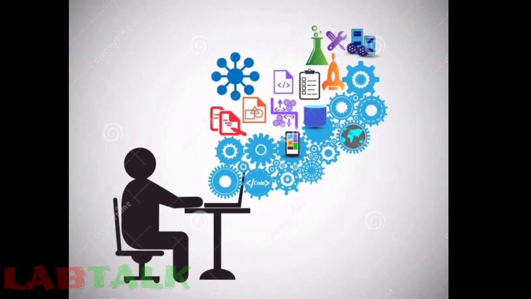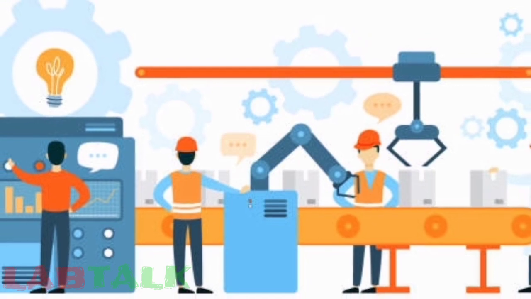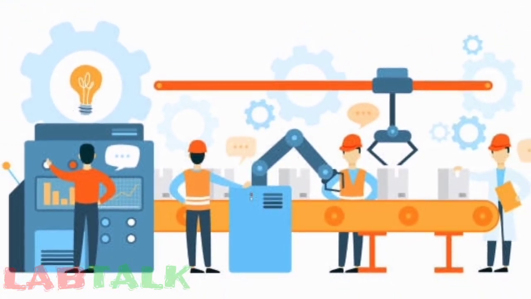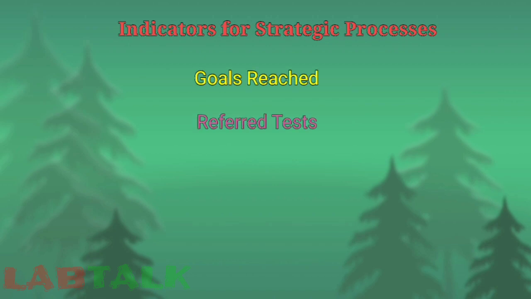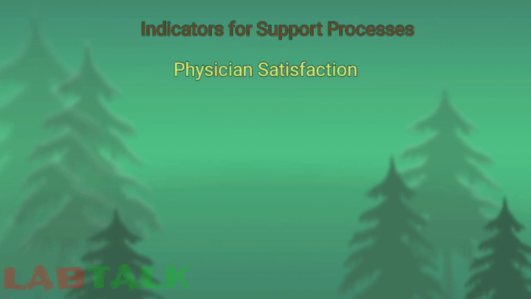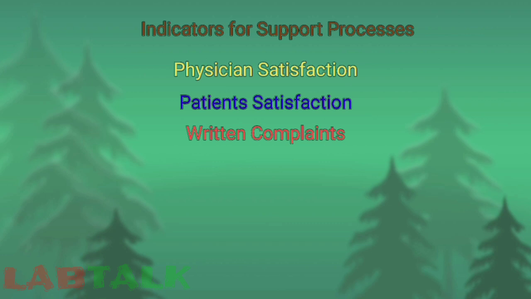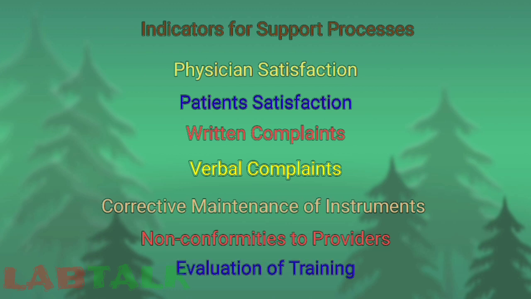It is therefore also important to monitor some indicators of those strategic and support processes. Quality indicators in strategic processes can be goals reached, referred tests, projects carried out. Indicators for the support processes include physician satisfaction, patient satisfaction, written complaints, verbal complaints, corrective maintenance of the equipment, non-conformities to providers, evaluation of training effectiveness.